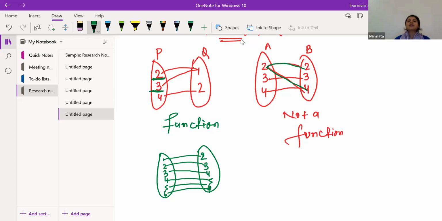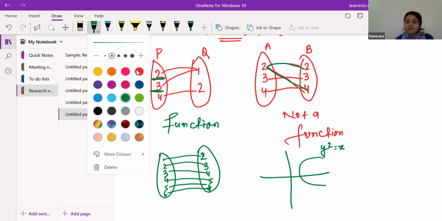We can also check whether a given relation is a function when this type of mapping diagram is not given. Suppose this type of graph is given, let's say it's like this, and the graph is y squared equals x. This is the graph given in the question, and it asks whether this is a function or not. Here there is a test we can apply.